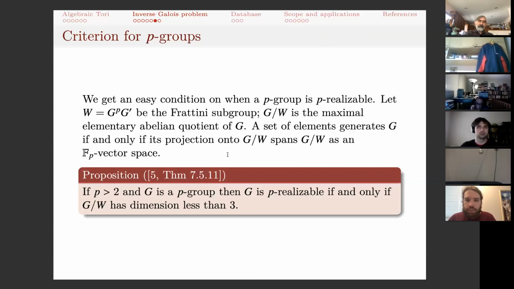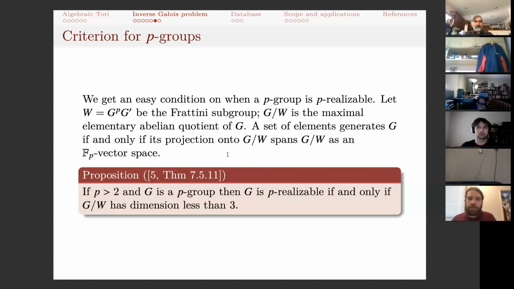Well, let W be the Frattini subgroup. That's the product of the p powers of G with the commutator of G. So G mod W is the maximal elementary abelian quotient of G. And a set of elements of G generates G if and only if its projection onto G mod W spans G mod W as an Fp vector space.